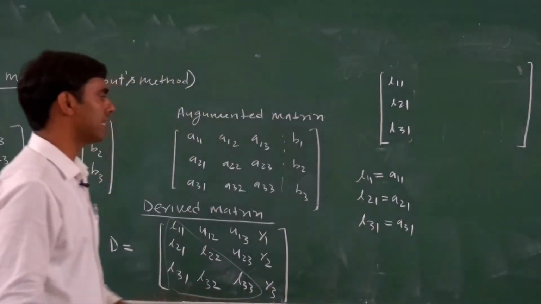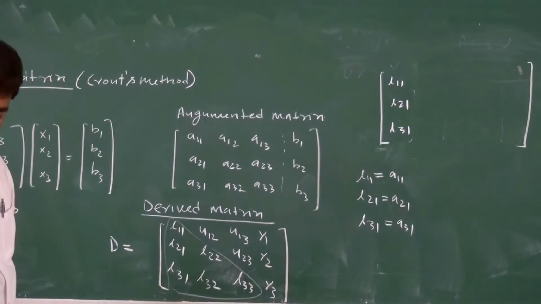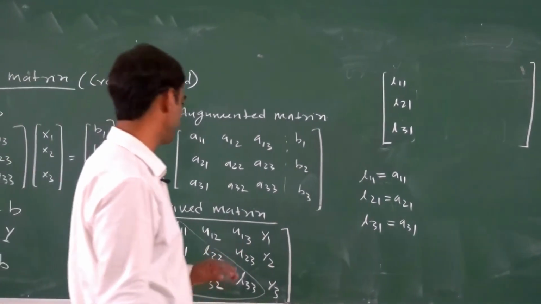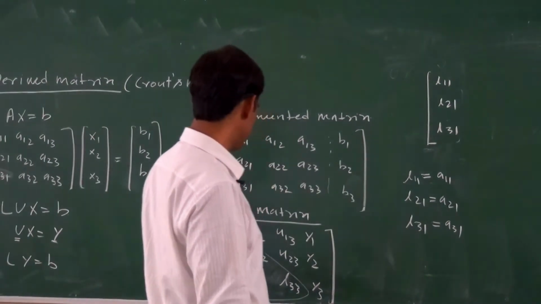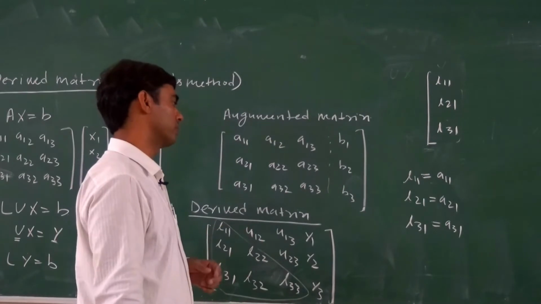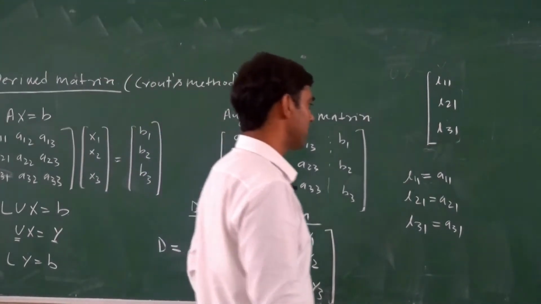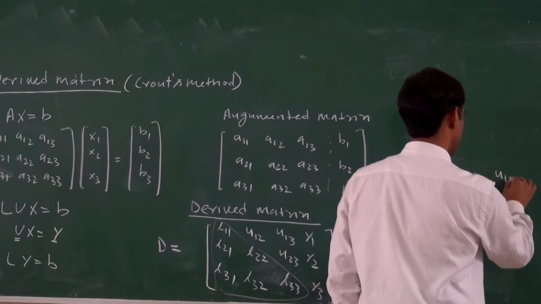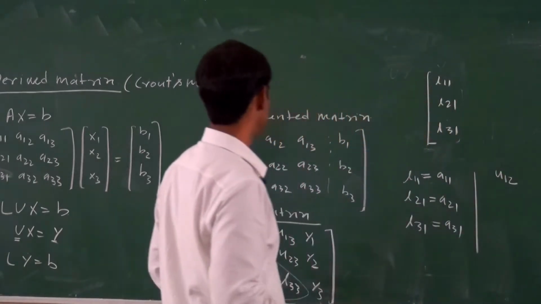So we find directly the element of a first column. Once we find the element of a first column, then we find the remaining elements of a first row. So what is the value of U12? We write U12. U12 is a what?